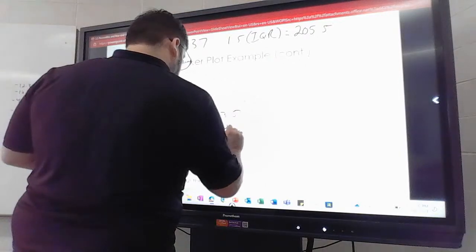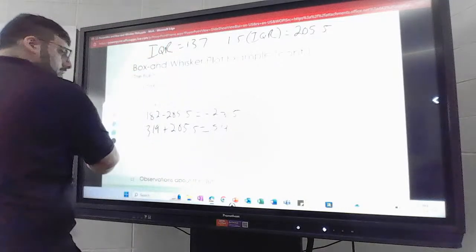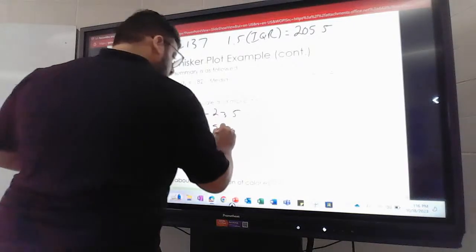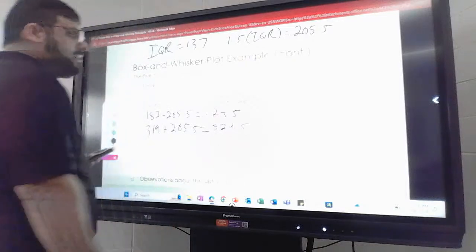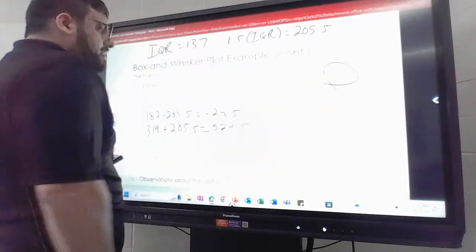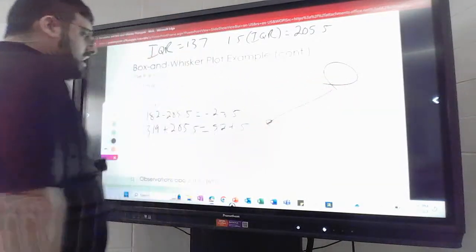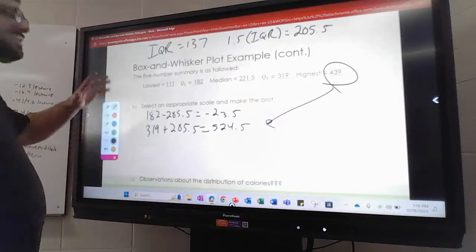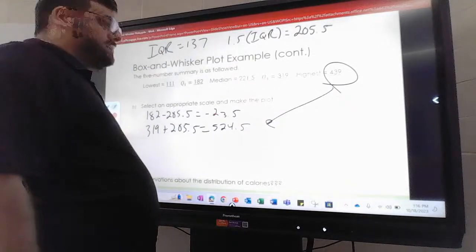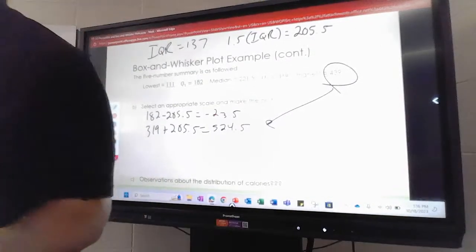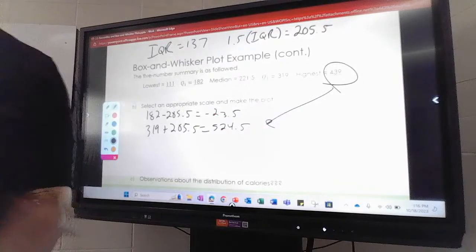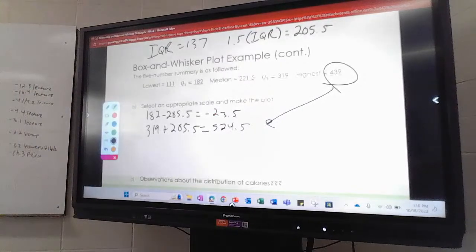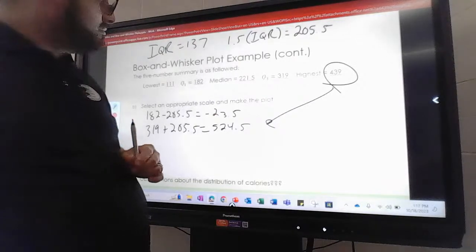That's 524.5. This is my highest value, nowhere near this. So that actually tells me that I don't have any outliers on the top half of my data. So based off of that information, we can conclude that our data set does not have any outliers.